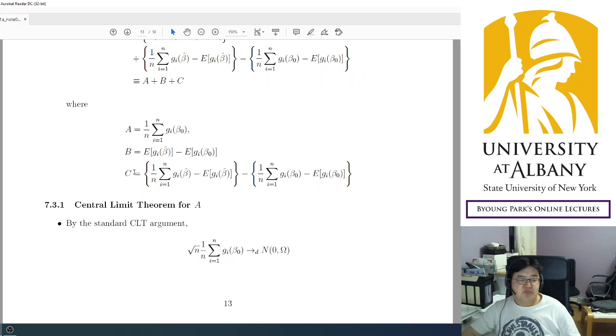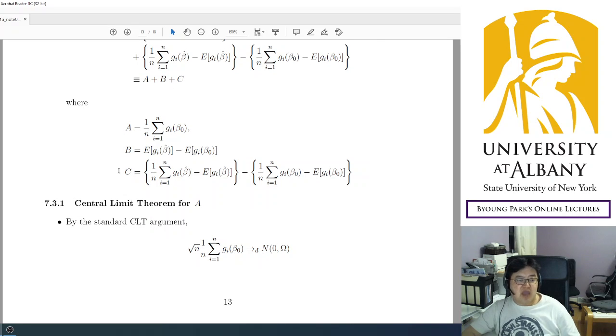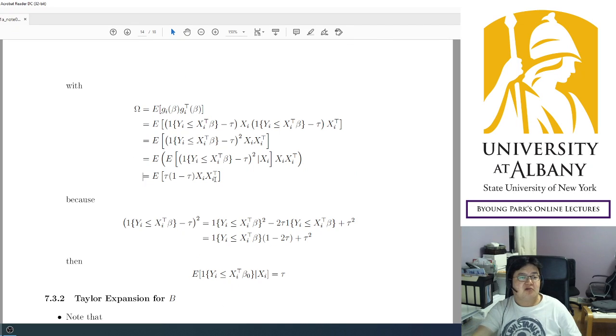Let me try. So first, the term A goes to a normal distribution by the central limit theorem, which is clear. And the variance can be written in this way. It is simple algebra, so you can study it by yourself.